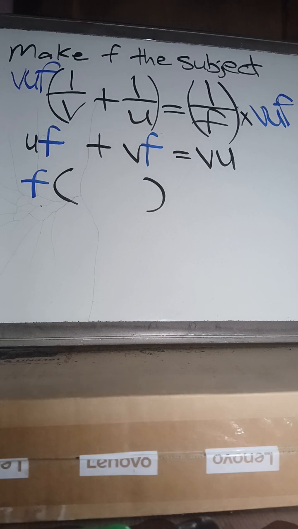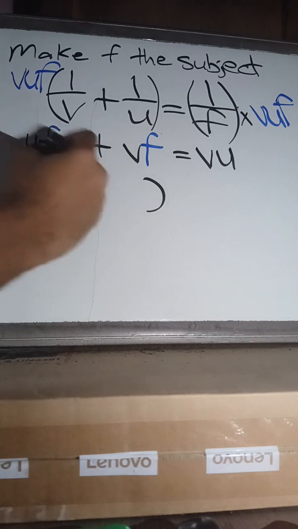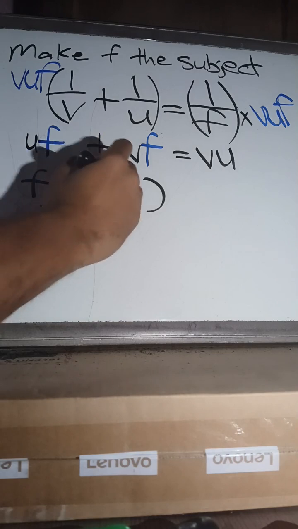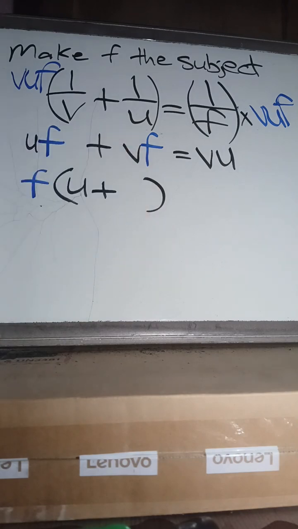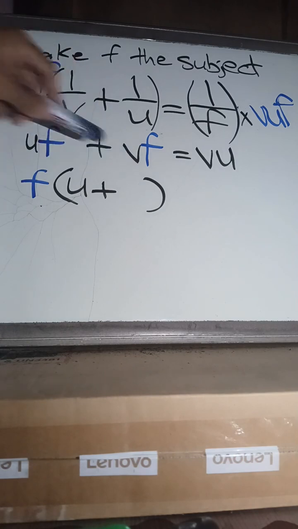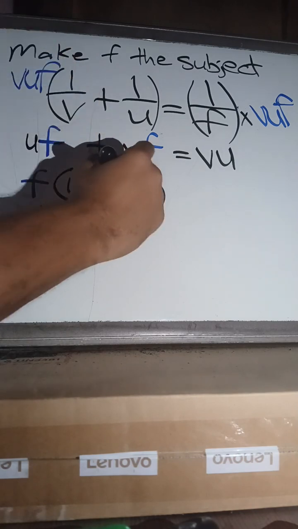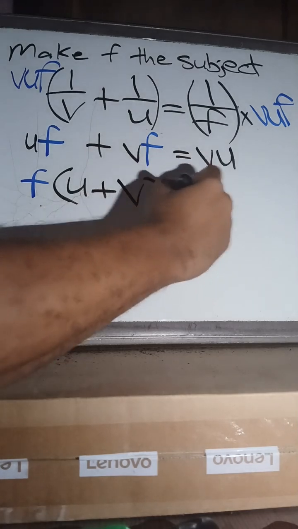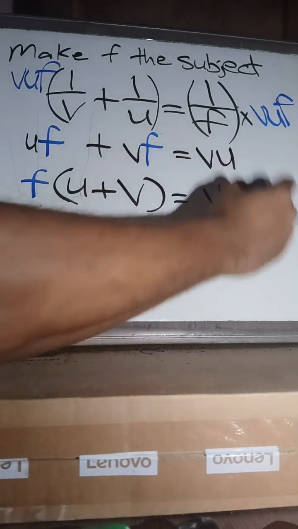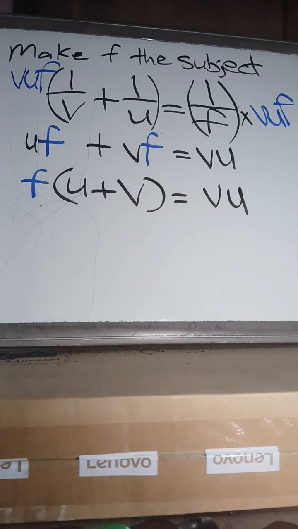If I divide UF by F, it is just U. And then I divide this VF by F and I would have V right there. Now the nice part about this is that there's only one more step.